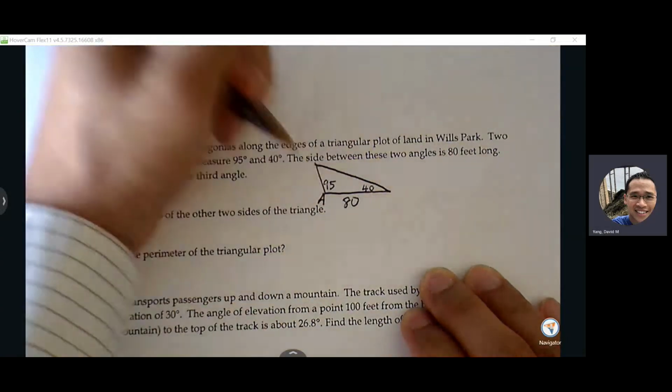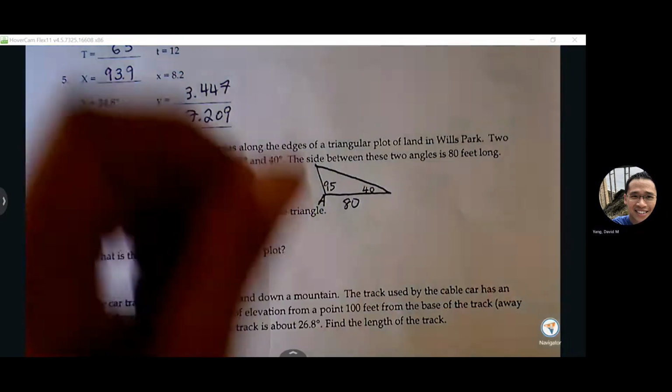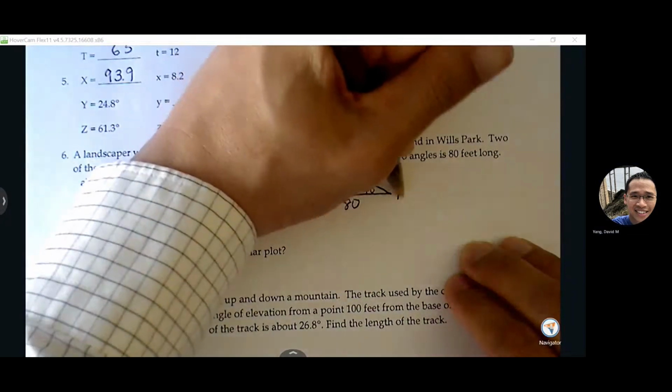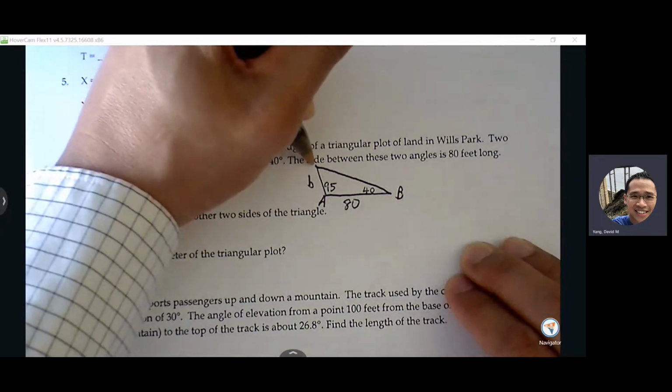You can name your angles any way you want, but just for frame of reference, I'm naming it this way, but you don't have to do it this way.